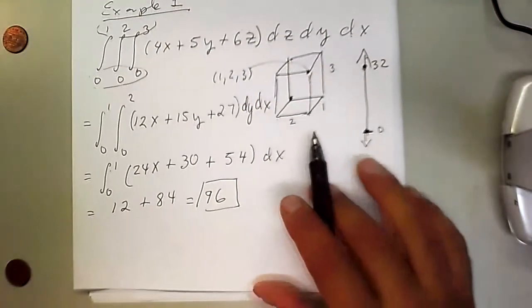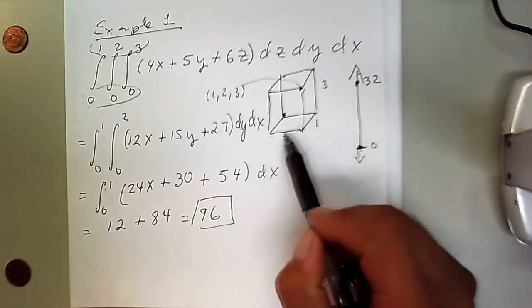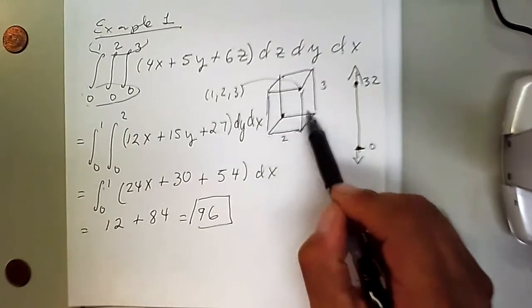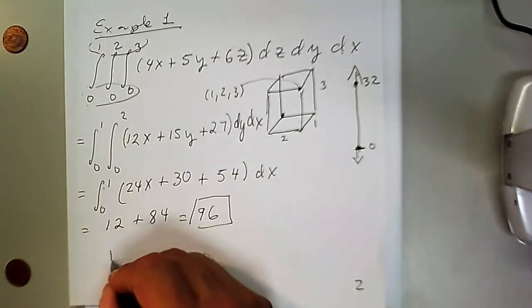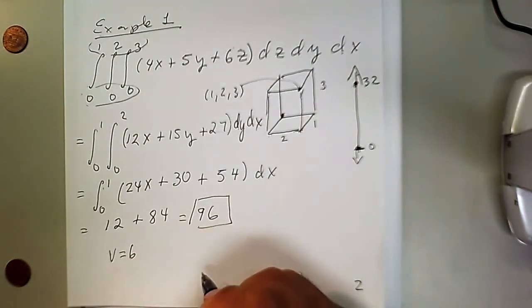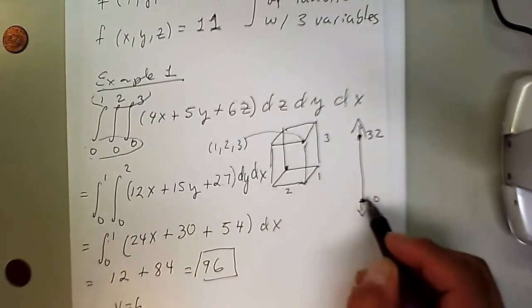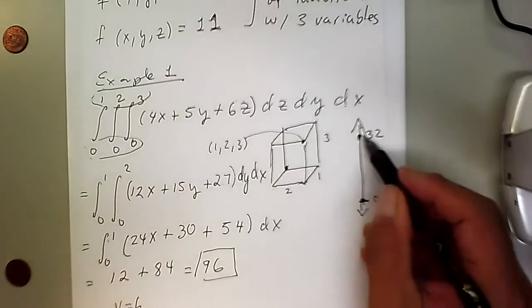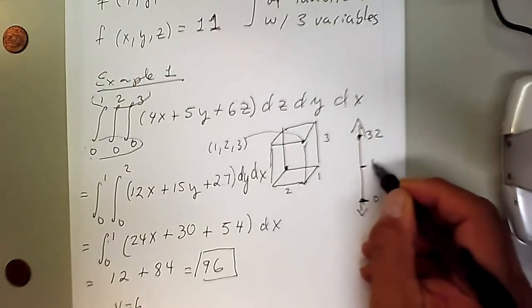So anyway, here, what does that mean? What is the volume of this box? Well, it is 6, correct? 1 by 2 by 3 is 6. So the volume is equal to 6. And the lowest output of the function is 0. The highest output is 32. What's in the middle? 16.